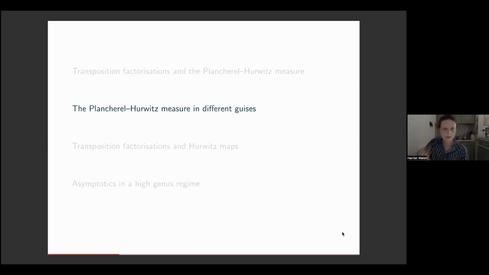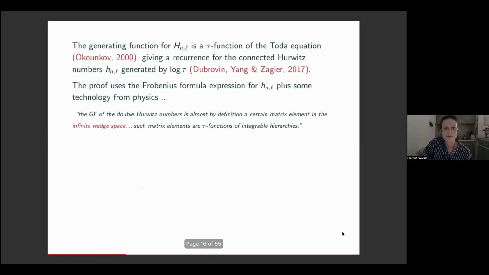So now to talk about where exactly the same measure has appeared in different contexts. The first place is in connection with integrable hierarchies. It was proven by Okounkov in 2000 that the generating function for exactly these unconnected Hurwitz numbers is a tau function for the Toda equation.